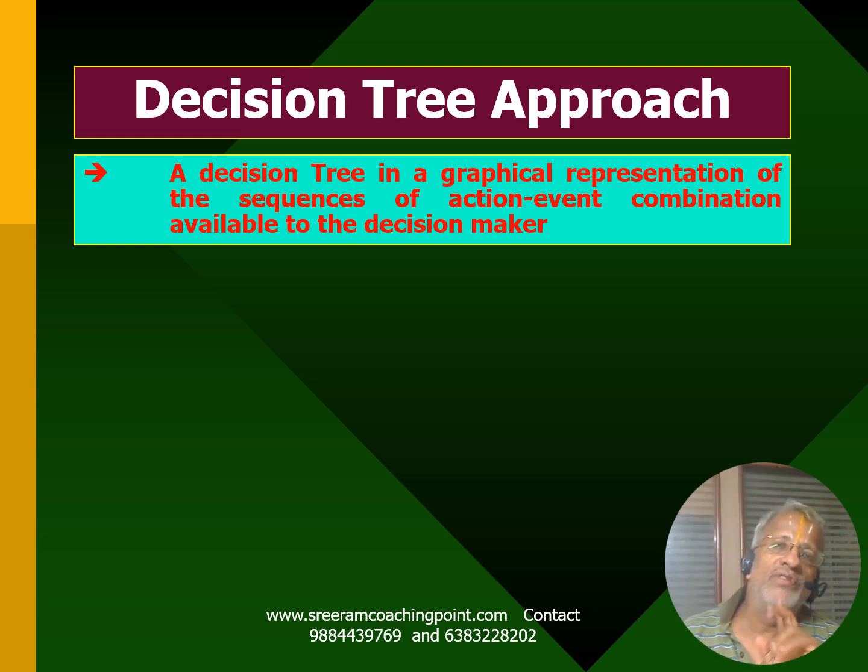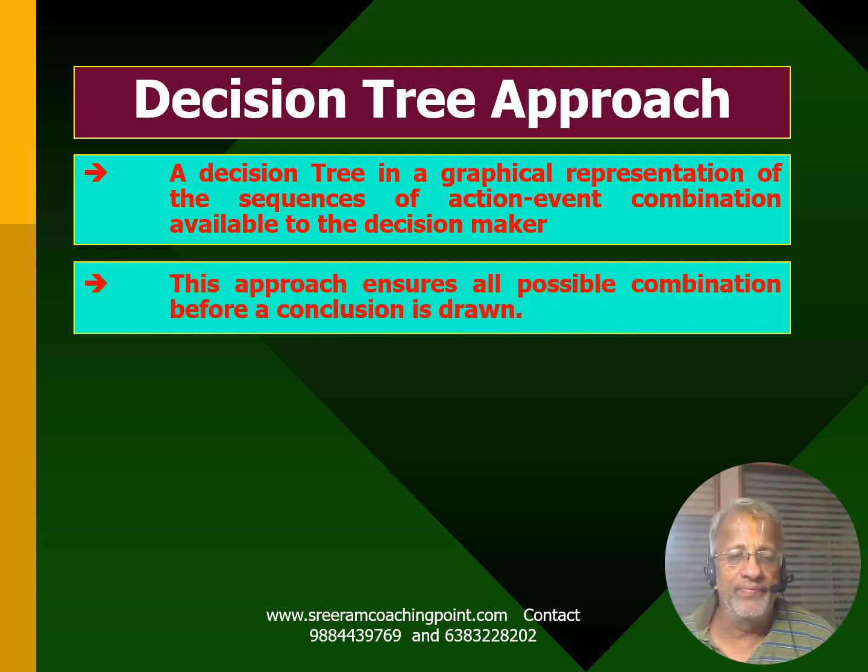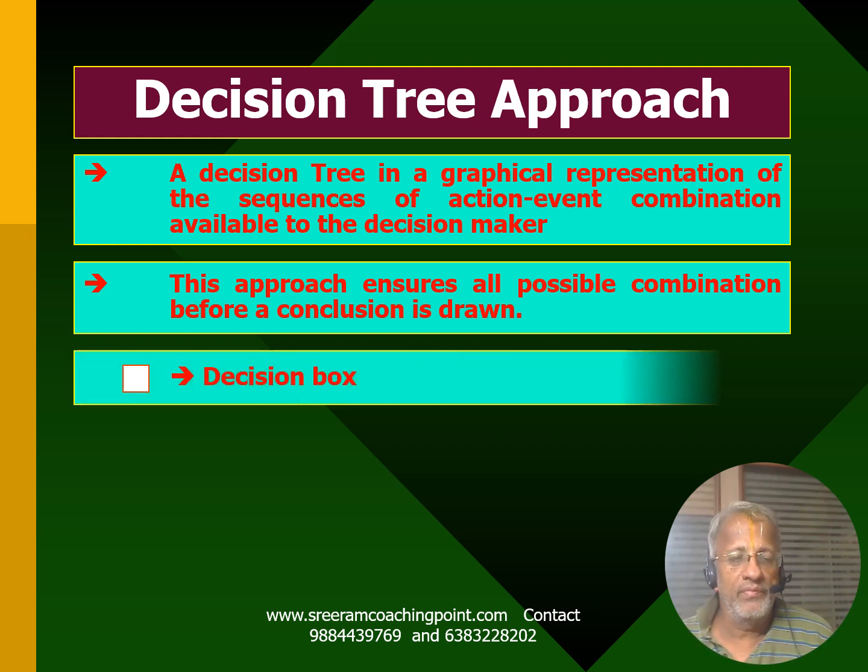For the sake of making it a little easier, I have chosen a problem with only 2 years of action event combination. Okay. So by doing this decision tree approach, various combinations we can work out, and none of the combinations will be left out.